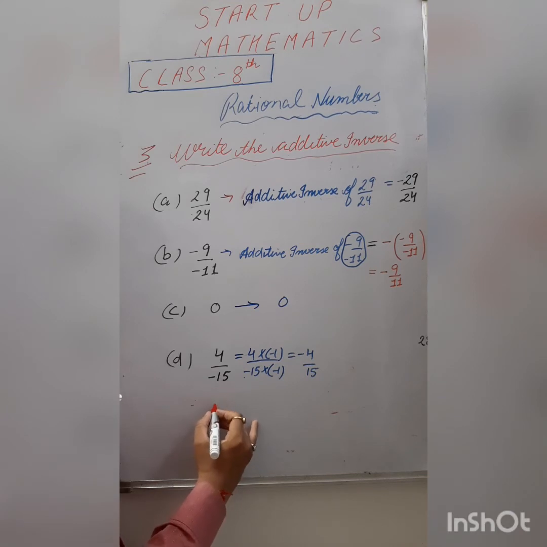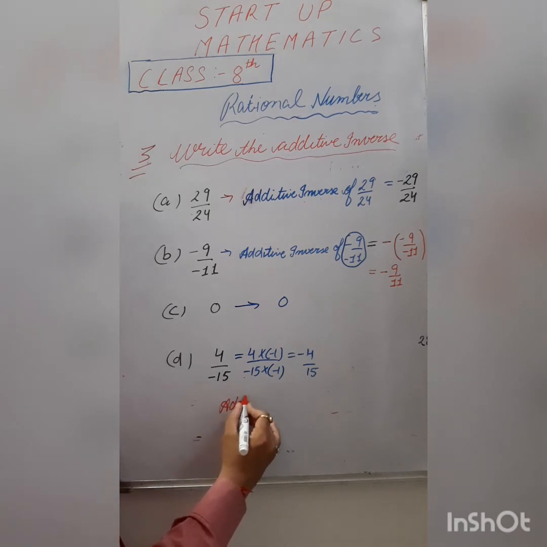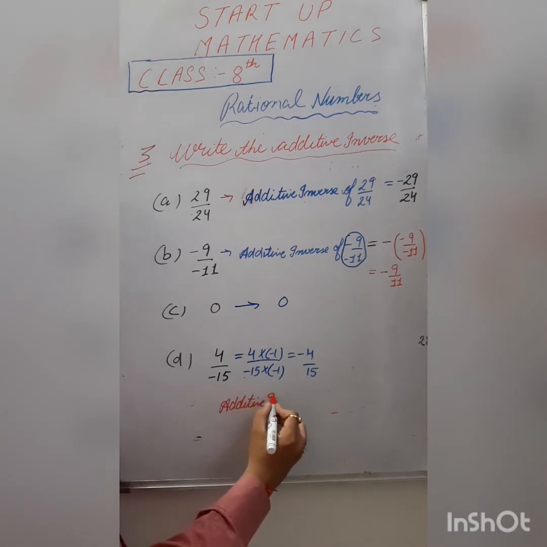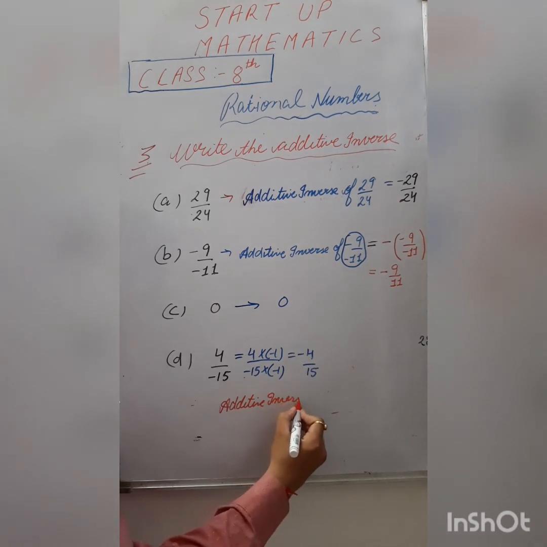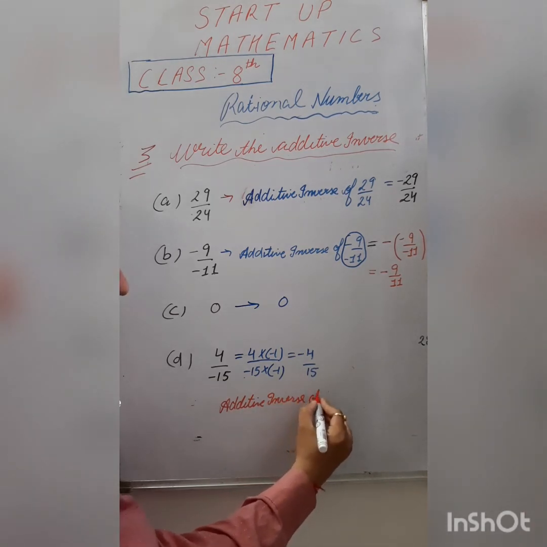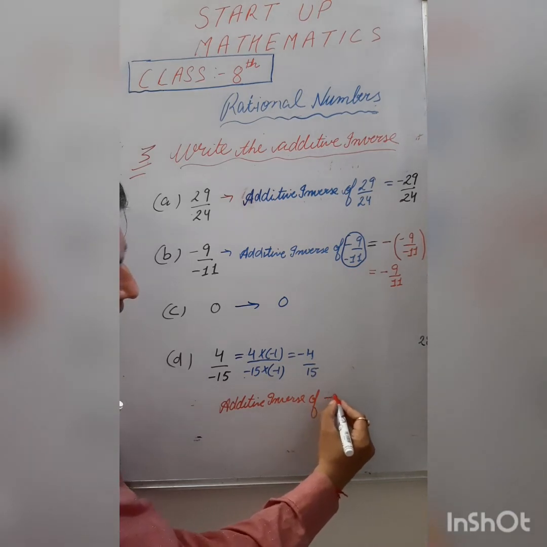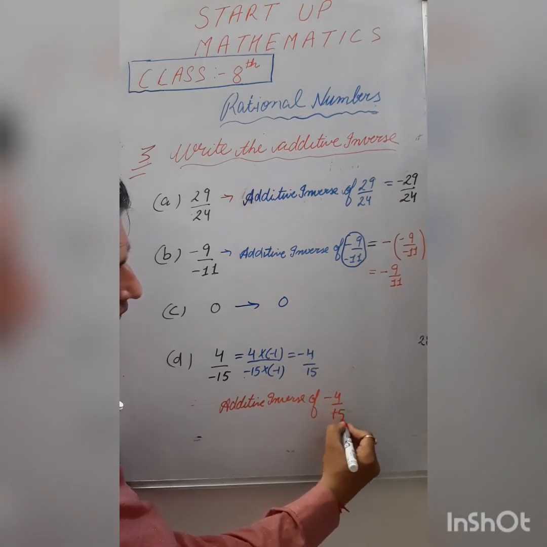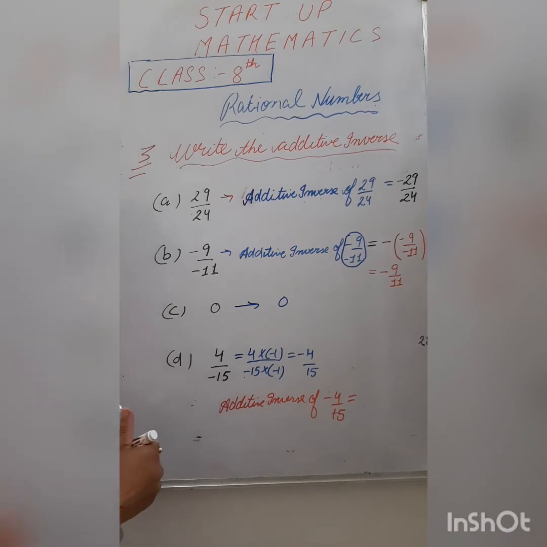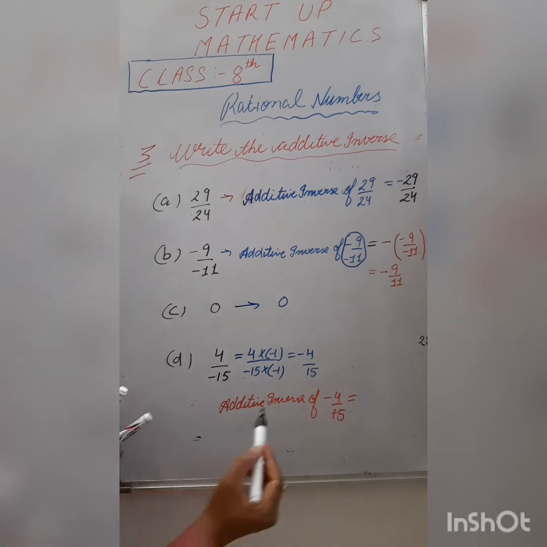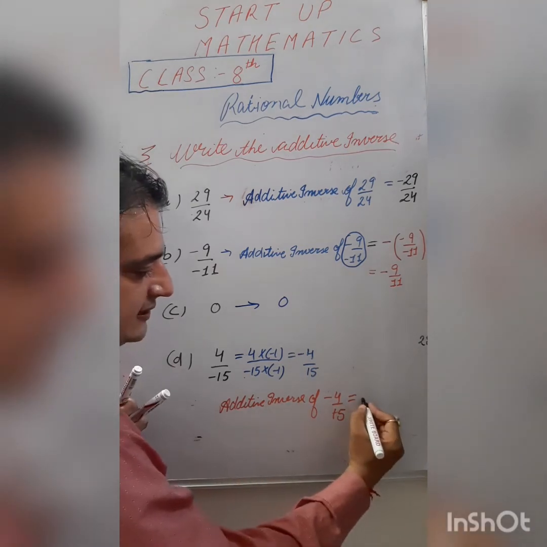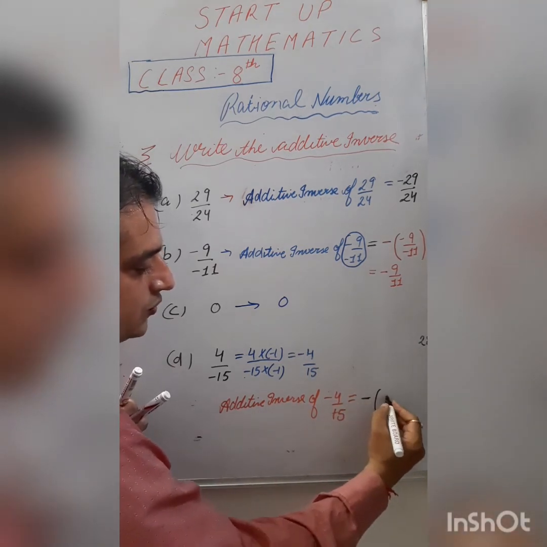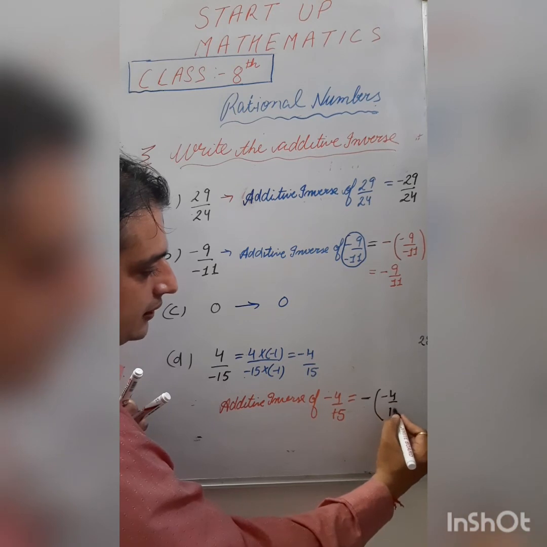So the additive inverse of minus 4 by 15 is equal to... For the additive inverse, just place the minus sign outside the bracket and enclose the rational number in the bracket.